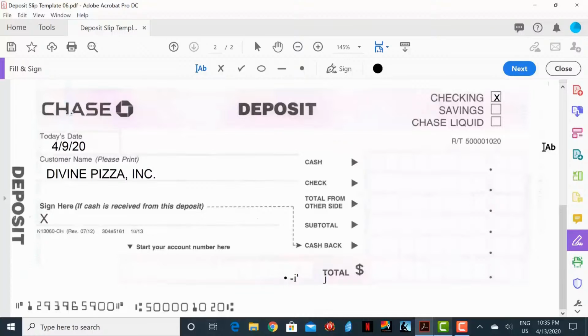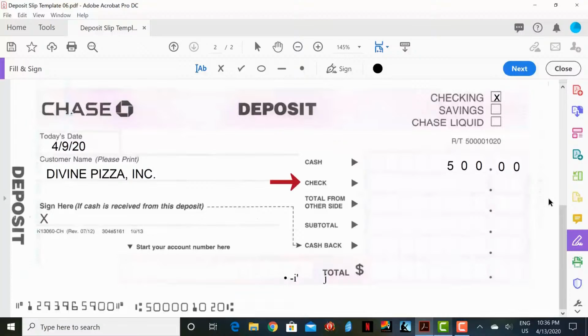So let's enter our amount in the appropriate area. $500 will go to the left of the decimal, and $00 will go to the right because we have no cents.